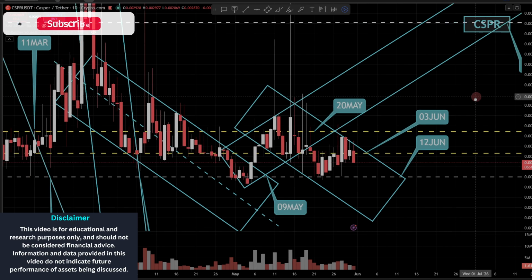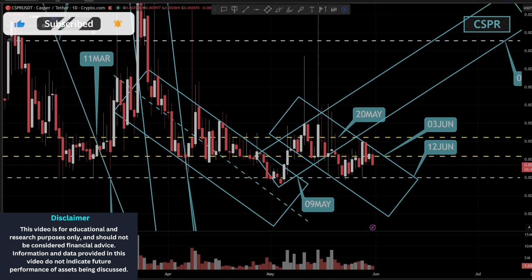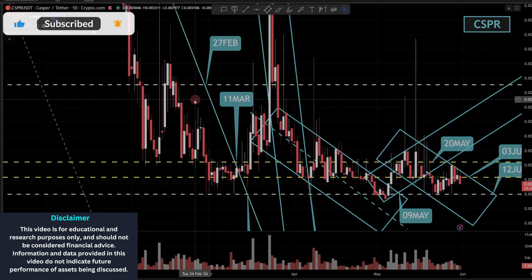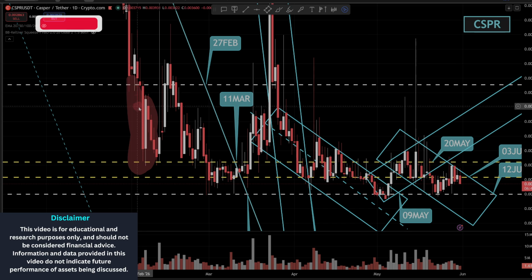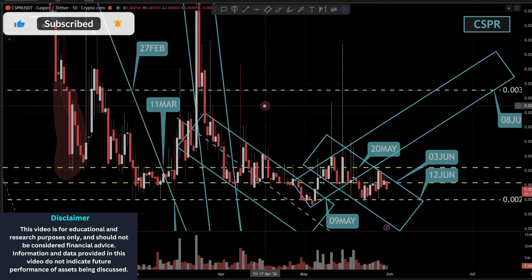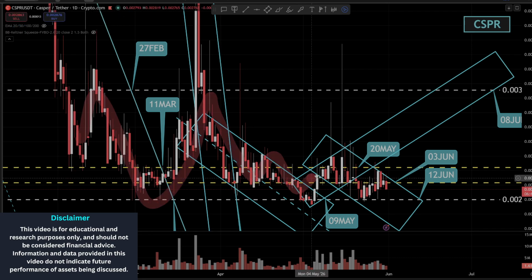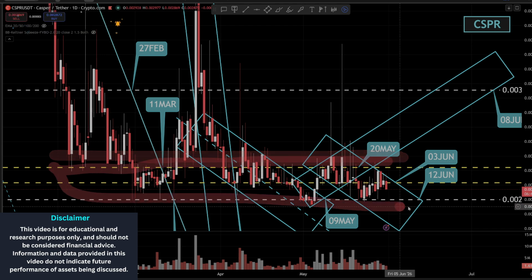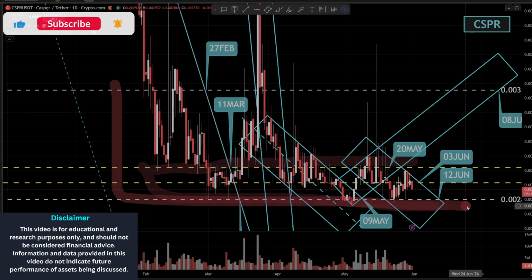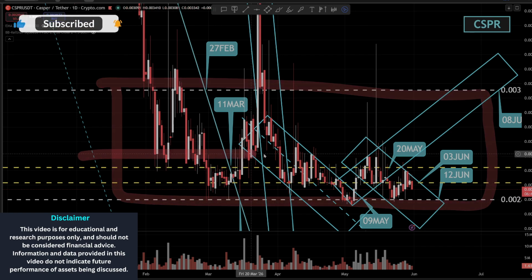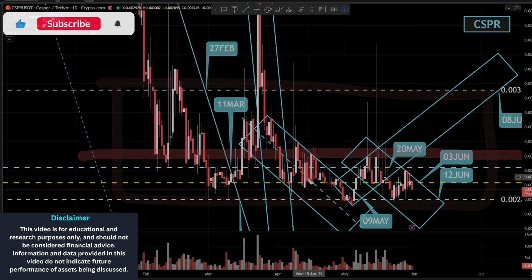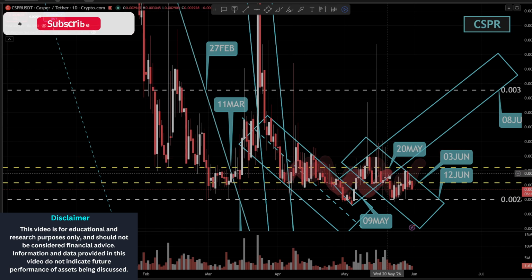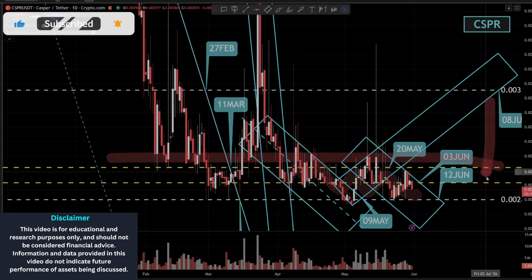If we zoom out, you can see that since the beginning of February, it is actually a sideways trend, just that it is now staying low, at the weaker half of this sideways trend between the two white lines I mentioned in the very beginning, and this is the center line. The price has been trading since early April at the lower half of this box.